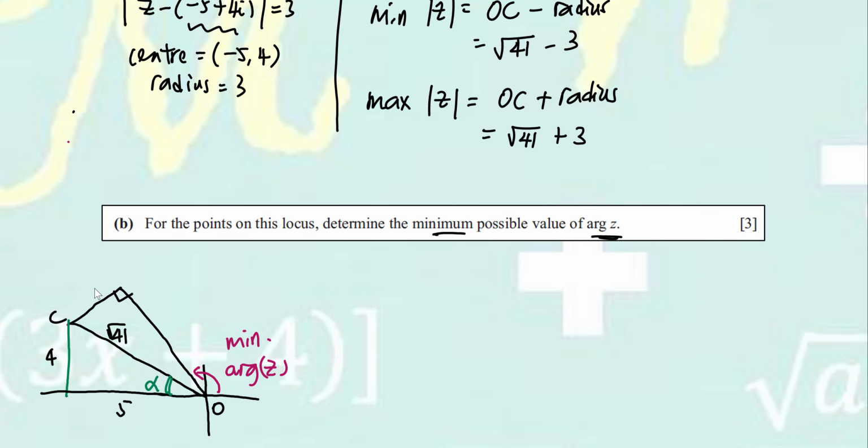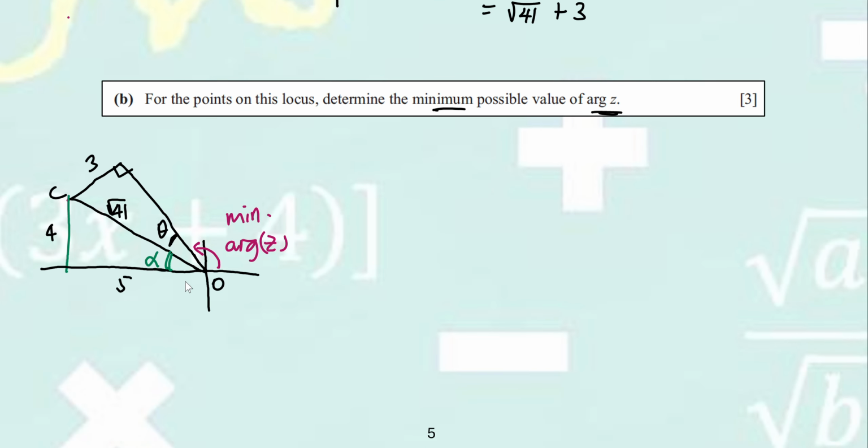Then again, I can find this angle, which is theta, which means I know that the addition of these three values, argument z, theta, and alpha, will be pi. So now I need to calculate theta and alpha. But you must understand that both are right angle triangles, so we can use sine, cosine, tangent formulas to get the angle. So this is square root 41.